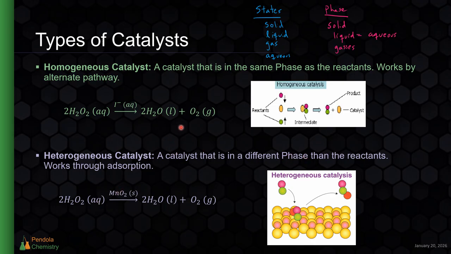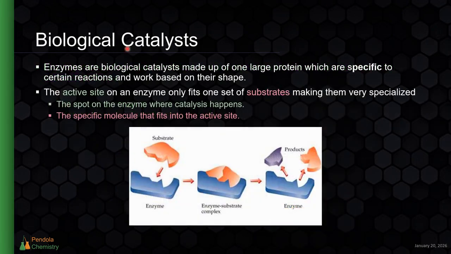Now, I should say there is one more type of catalyst, and those are biological ones. Biological catalyst refers to large molecules created by biological creatures, whether it's animals or plants or humans, that act as catalysts for reactions happening within the organic and living creature.